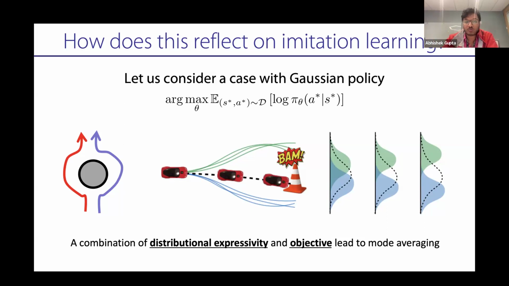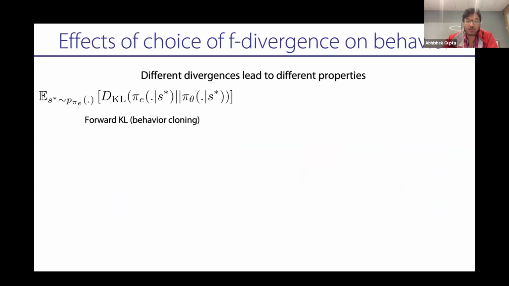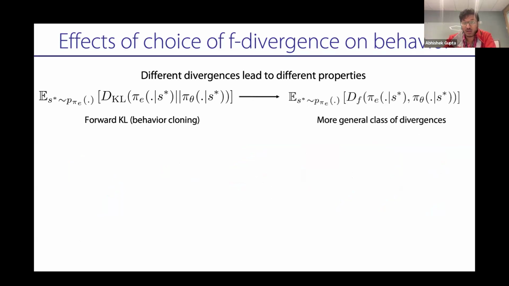Okay, and what we discussed last time was that you can show that the maximum likelihood objective is essentially the forward KL between the expert policy pi e and the learned policy pi theta, right? And so the forward KL eats a huge penalty whenever you miss any modes, and so you have mode covering behavior, right?